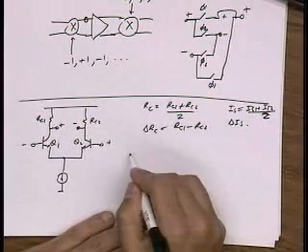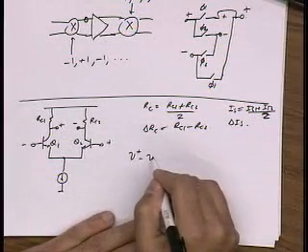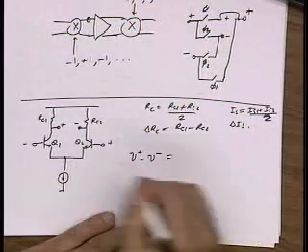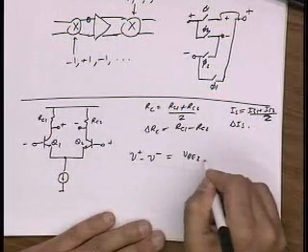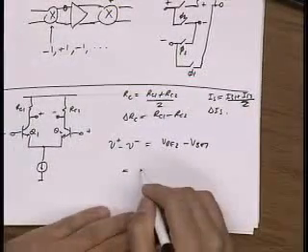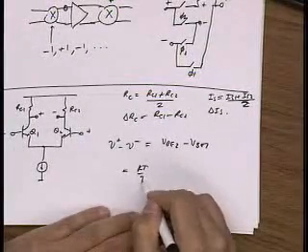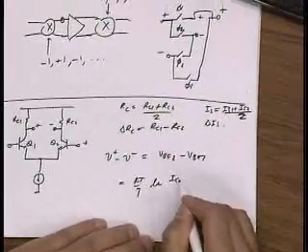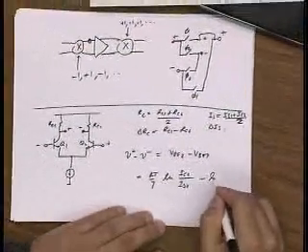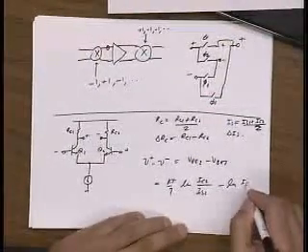So the observation is that if I take this input voltage, it's basically a difference of VBE. So it's VBE2 minus VBE1. Okay? And I can write VBEs as kT/q log of the collector current in device 2 minus the collector current in device 1.